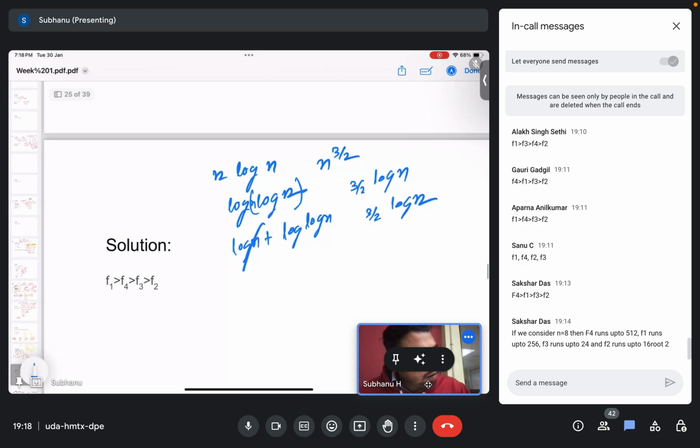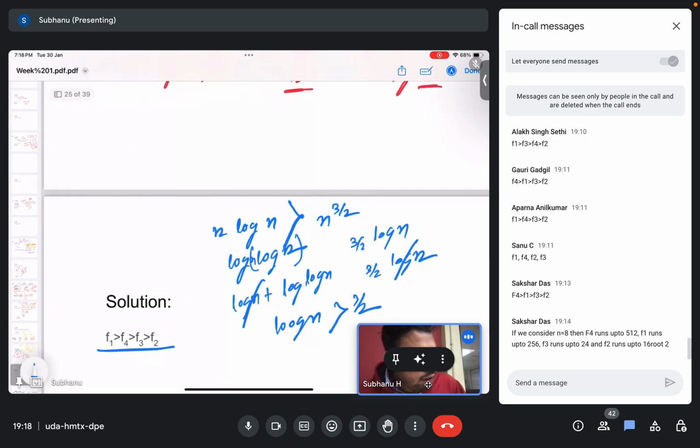So this will cancel out. So log n greater than 3 by 2, one constant term, so this will be greater than 1. So the answer will become f1 greater than f4 greater than f3 greater than f1 equal f1.